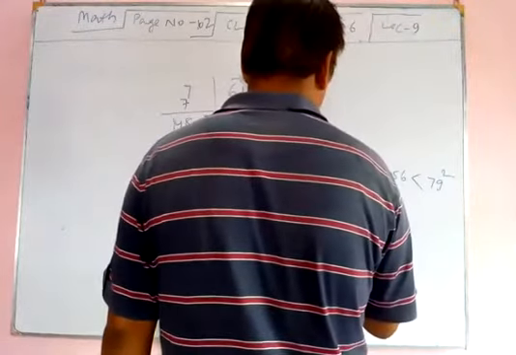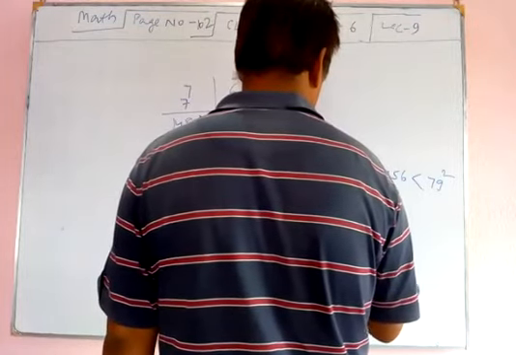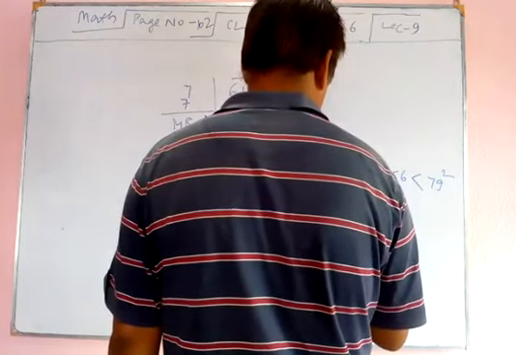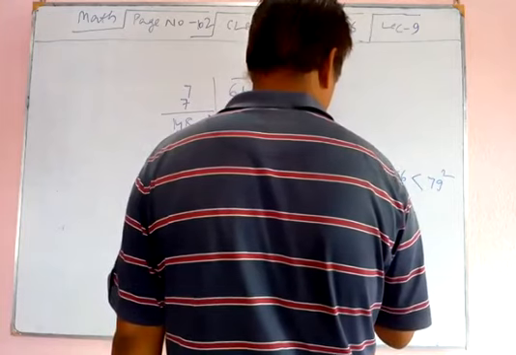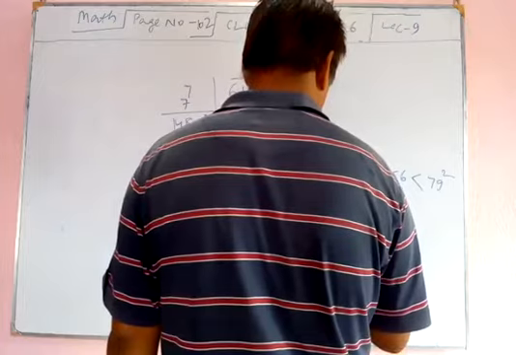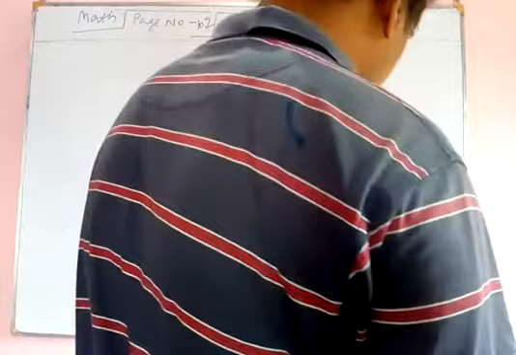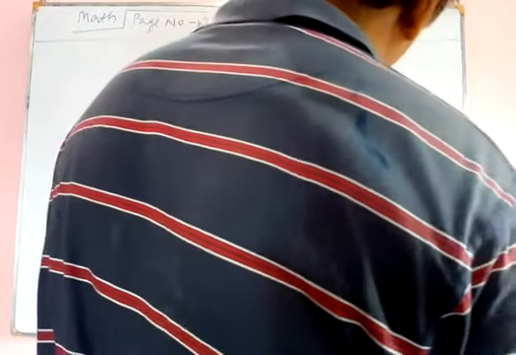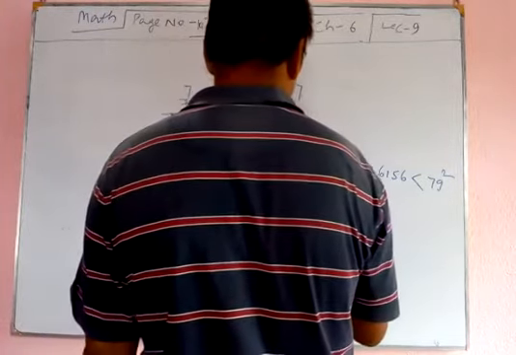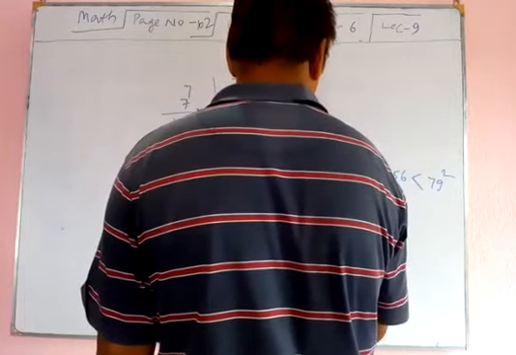So here 79 and 79. Six nines are 54, seven nines are 63.